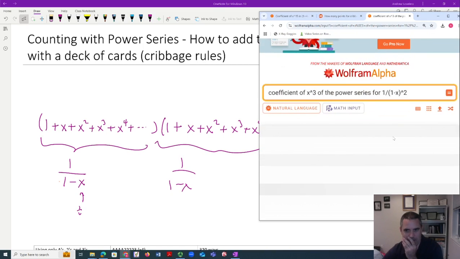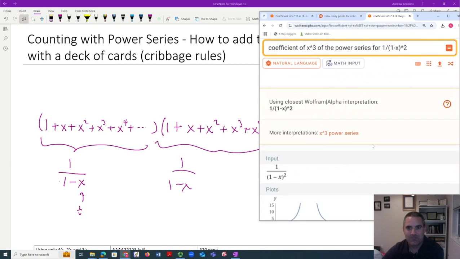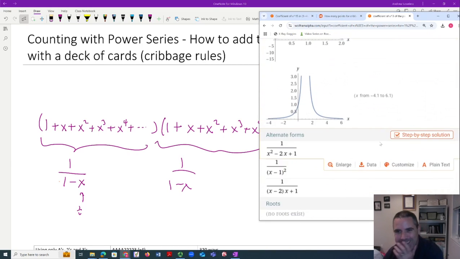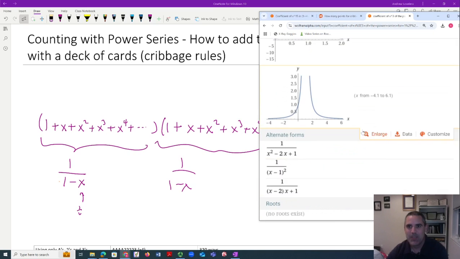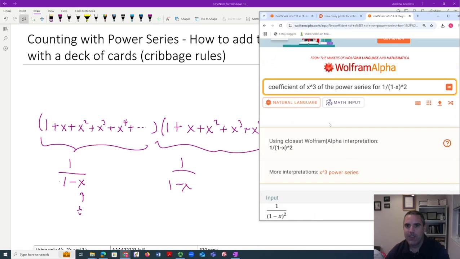I have to figure out the right way to type it in. Oh man. All right, I'm going to do it a different way. The third derivative of this.